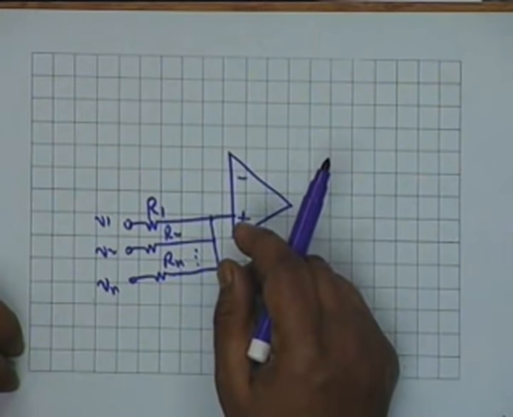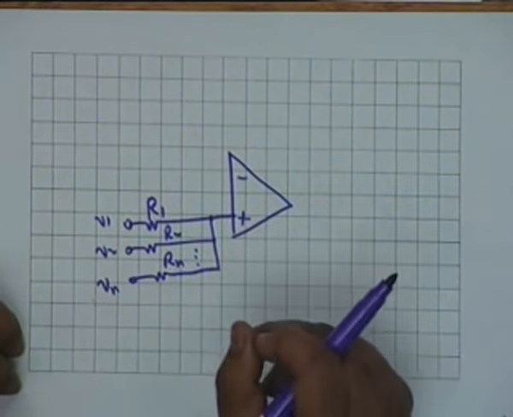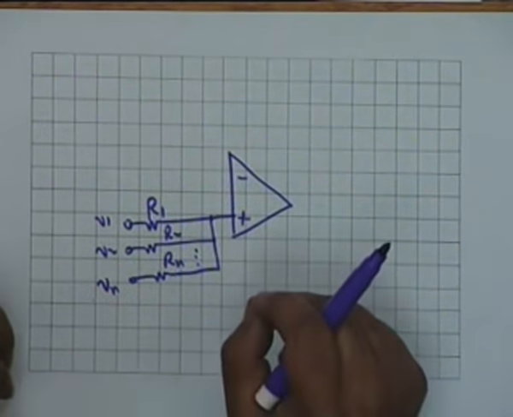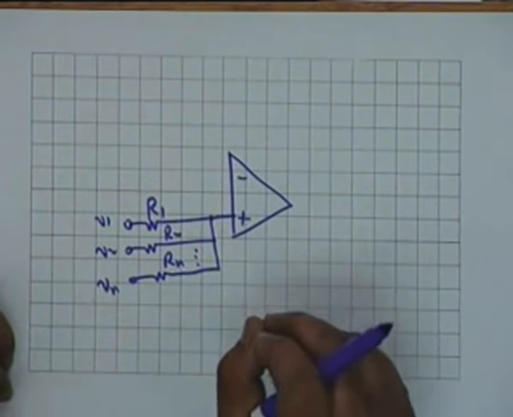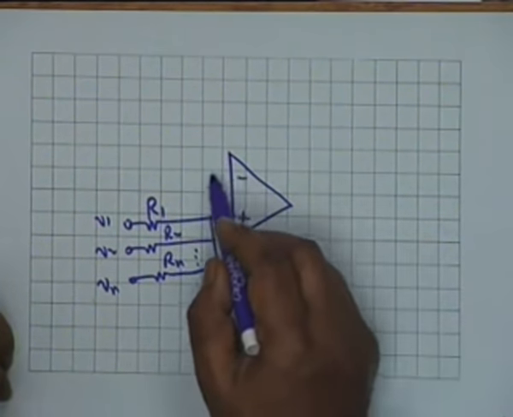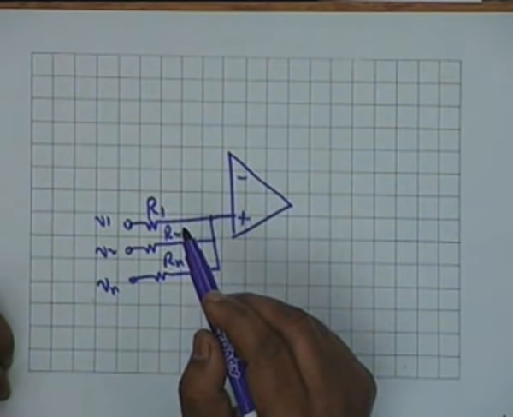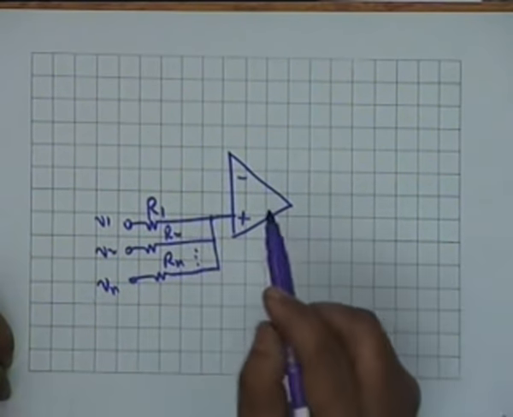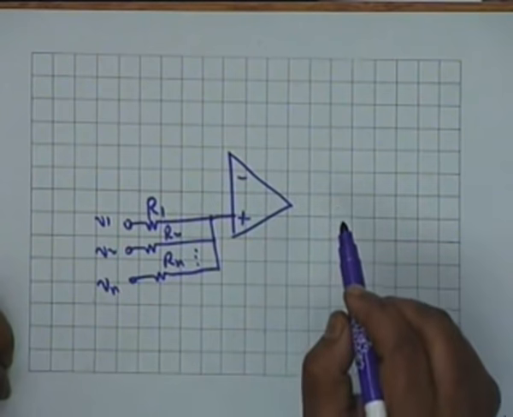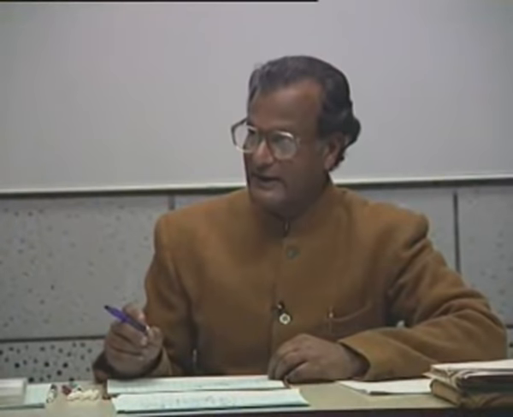No. Why not? That is the question I have not raised so far. I wanted to come to a certain stage. Can I, for example, ground this? Oh, I cannot do that, because an operational amplifier, because of the high gain, can never be left open circuited. Except in very special situations, we cannot leave it in an open loop.